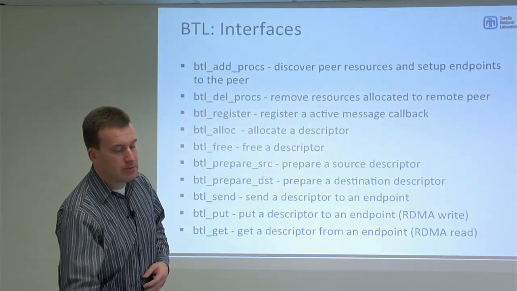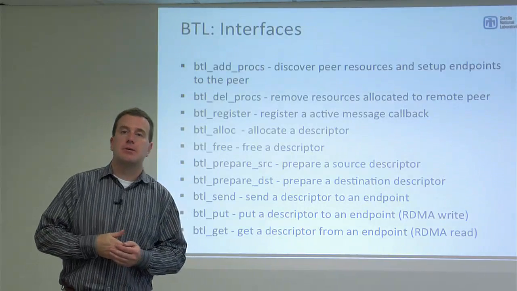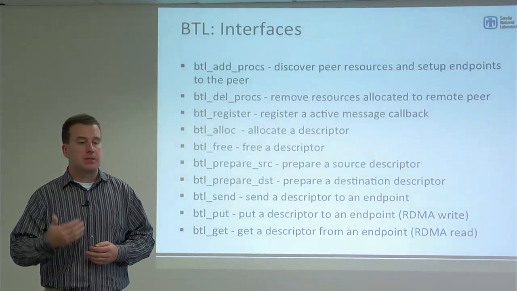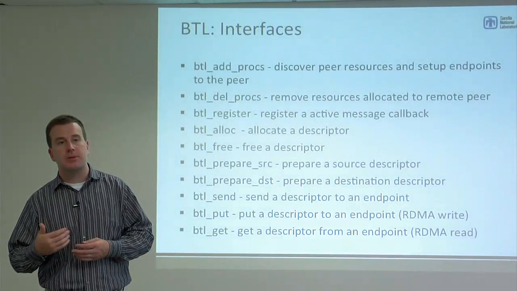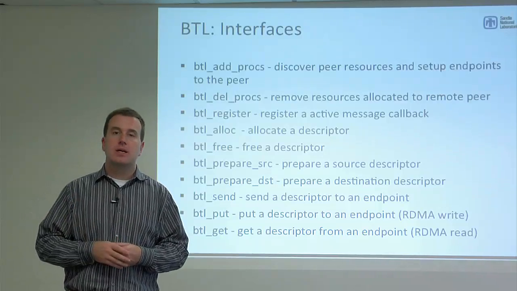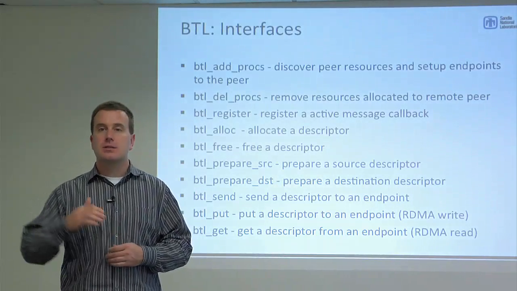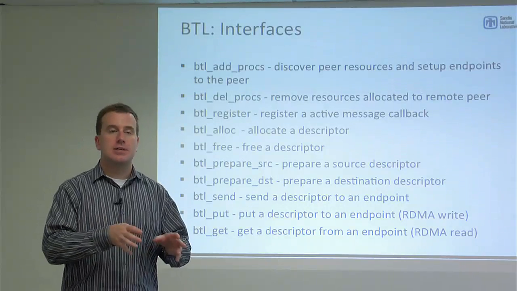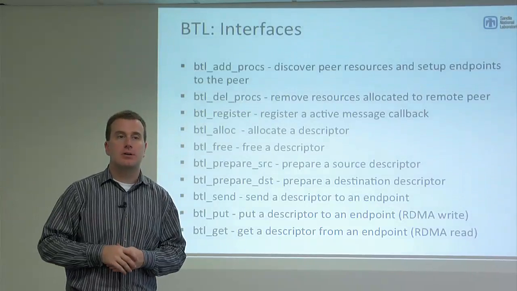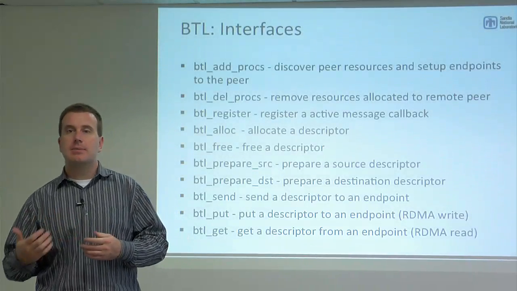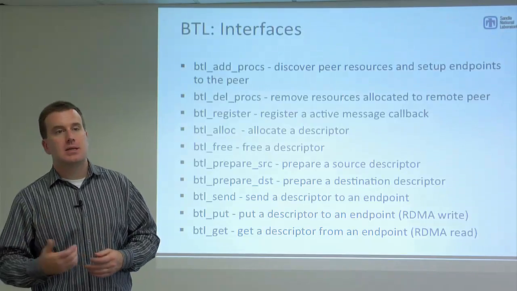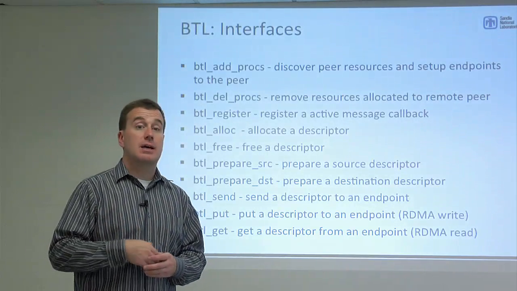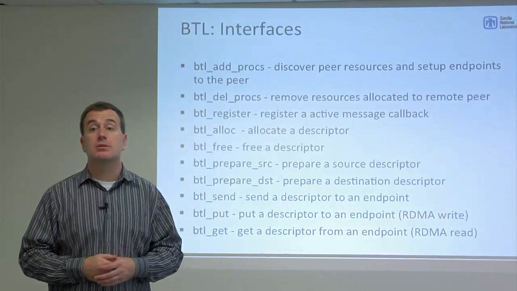There's also a register function that is common to active message type interfaces, where you say, as an upper layer, messages of tag 5, of type 5, I want this function called. And a PML or a one-sided interface, or whoever's using it, can have one or more callback functions.